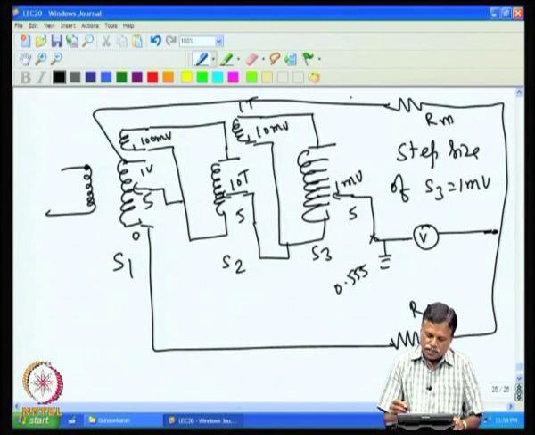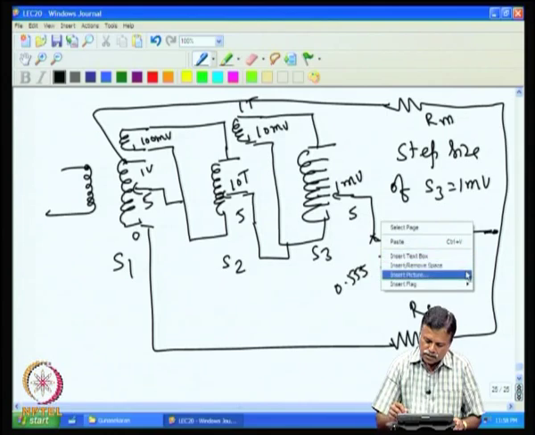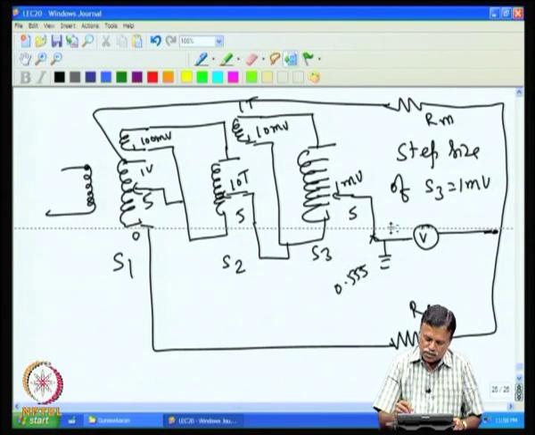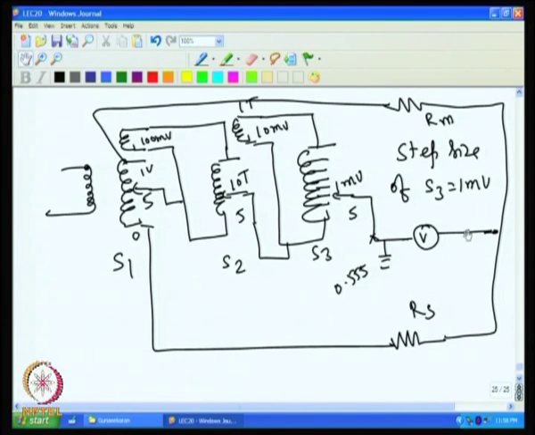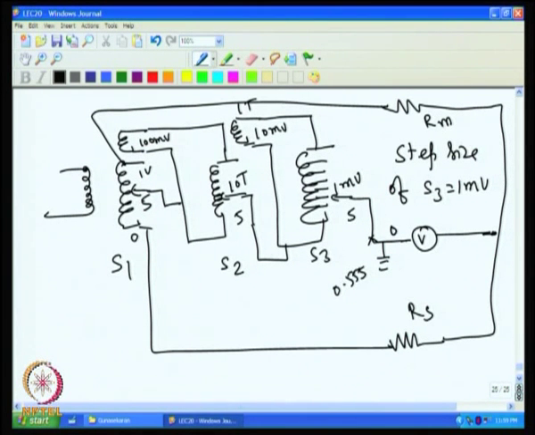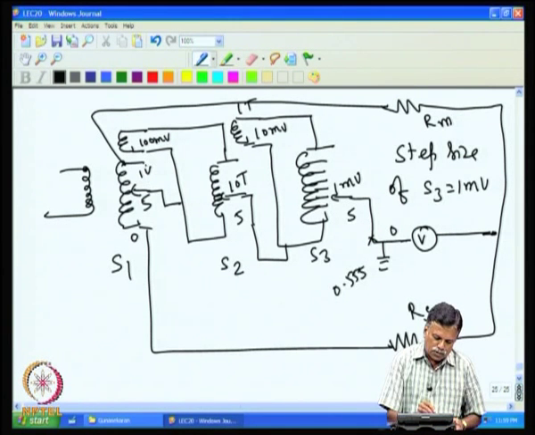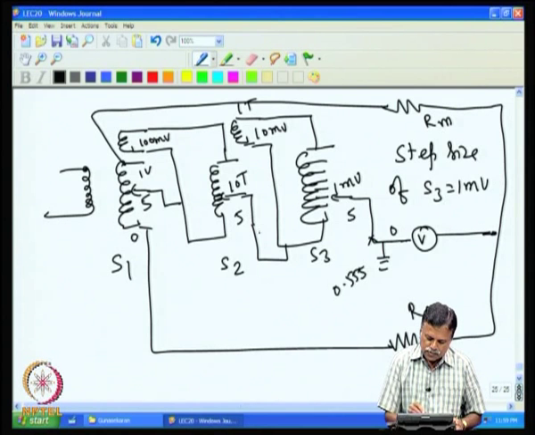So, essentially, if I take this as the 0 point, then automatically this becomes 0.5, because we know that this is at 1 volt. So, the question is, what is the voltage difference between this and this?